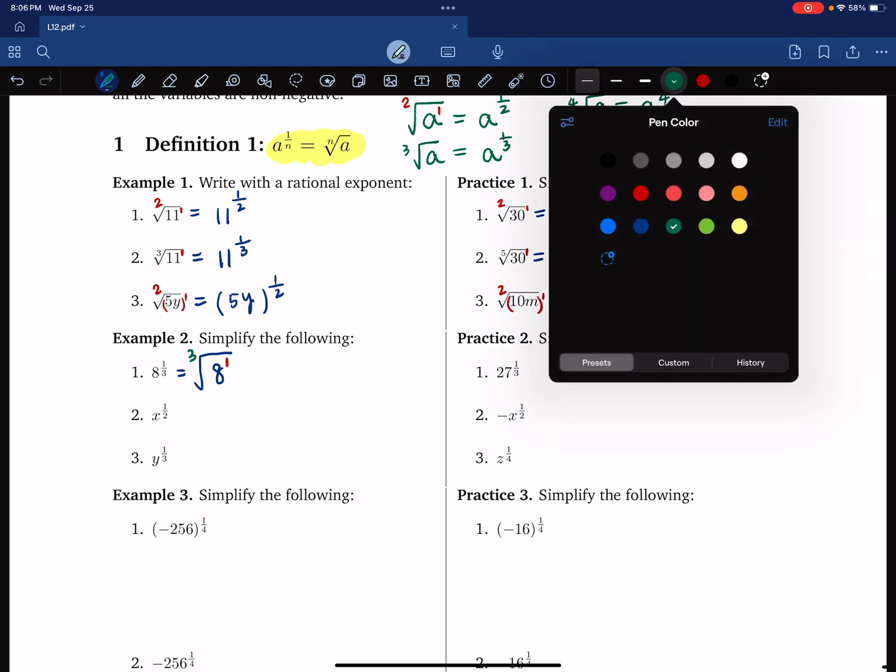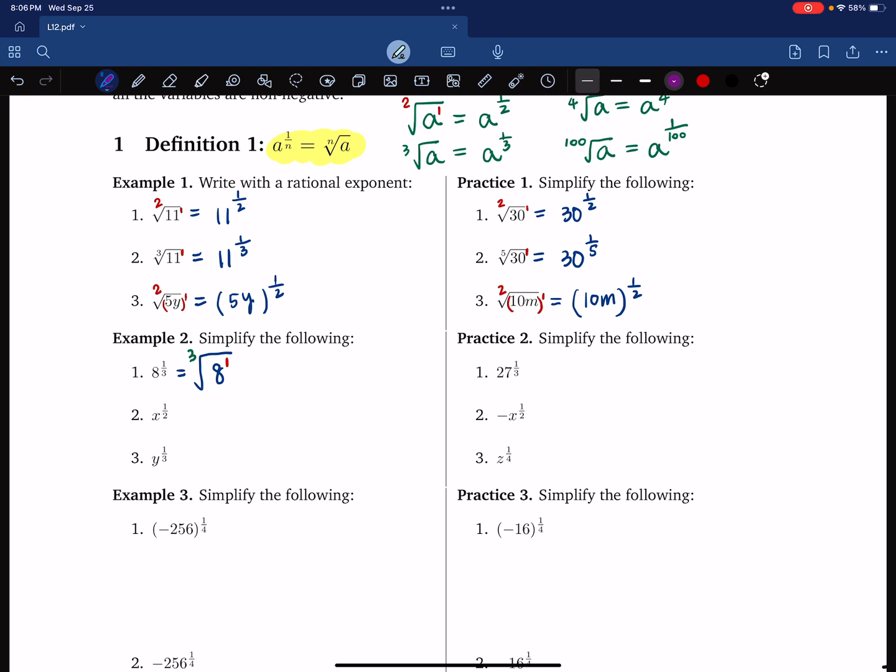So you could put a little note right here, right? Numerator is inside, okay? And then denominator is outside. Something that you can kind of refer to when you do these kinds of problems.